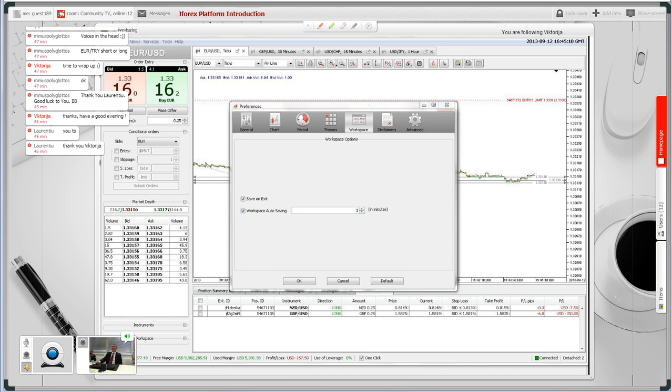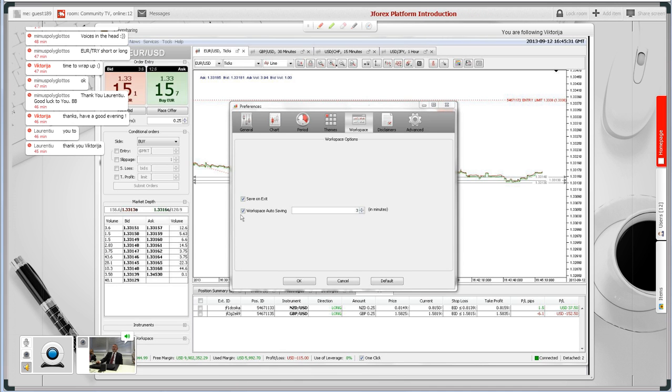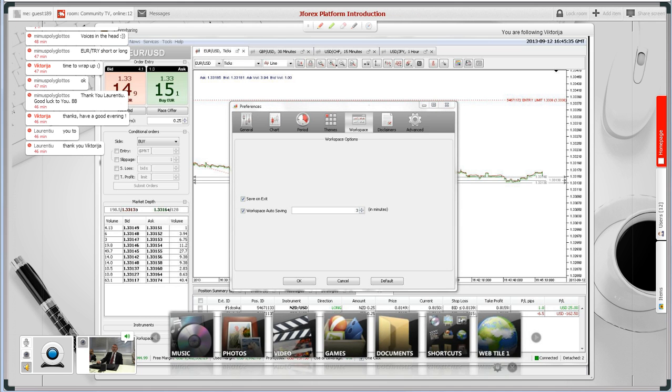It has blocked. Where is it going? I'm sorry, I've blocked my computer.